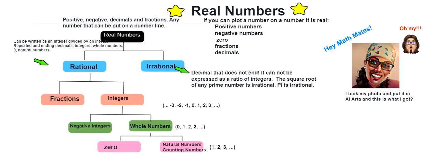Whole numbers are your positive integers and 0. So 0, 1, 2, 3, 4, 5, and so on. Your natural numbers are your counting numbers. We start counting with 1, 1, 2, 3, and so on. So the only difference between whole numbers and natural numbers is that whole numbers include 0. Natural numbers do not.